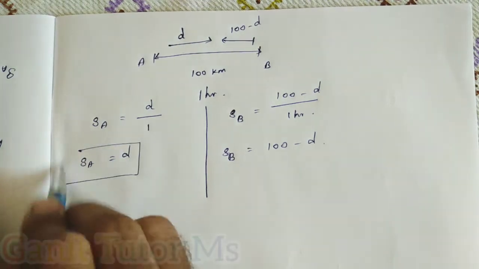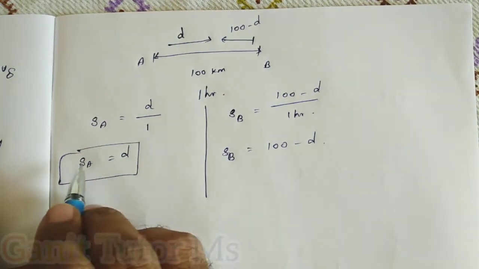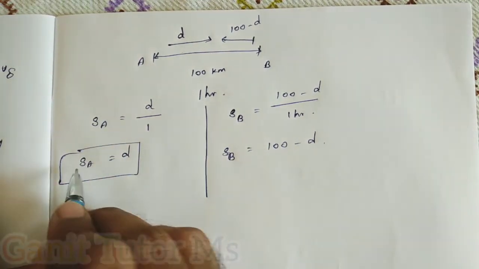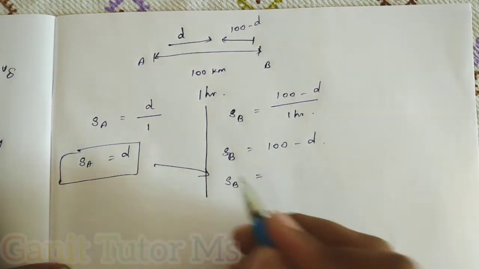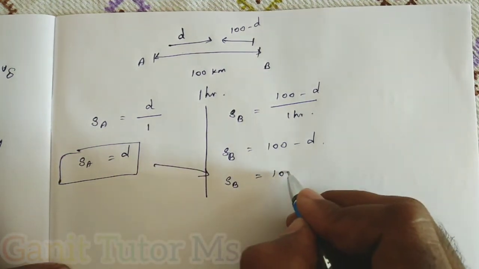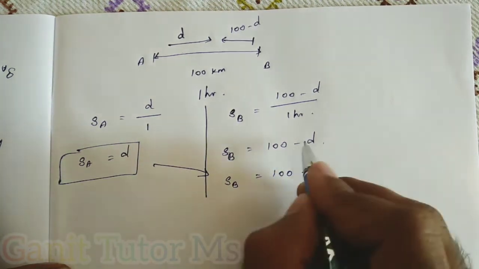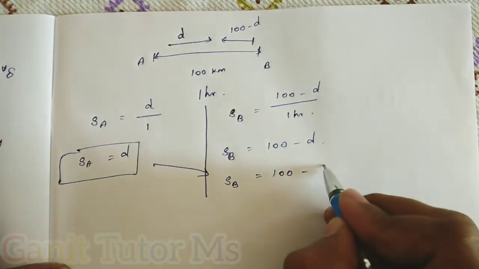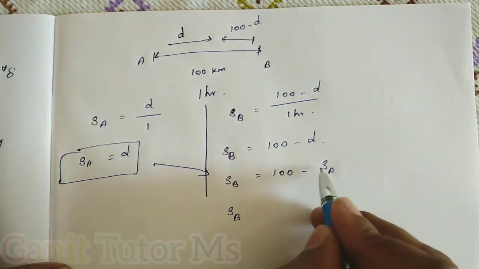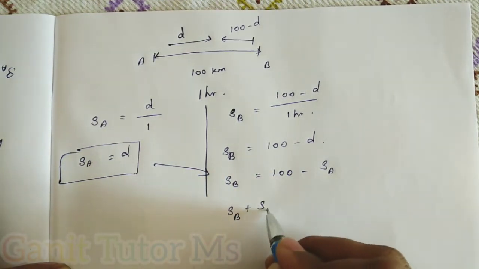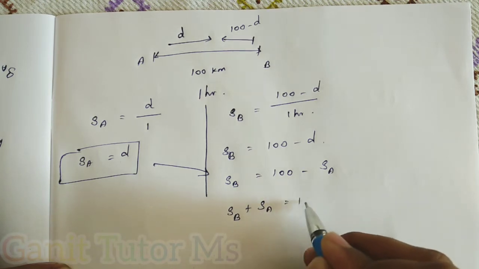Here now D equal to SA, right? Now you can substitute this, instead of D value you can put SA. So, SB equal to 100 minus SA. Next, SA will come to this side, becoming plus SA, so SB plus SA equal to 100.